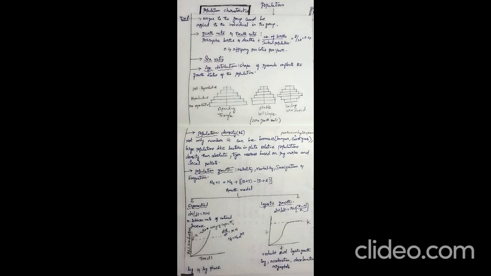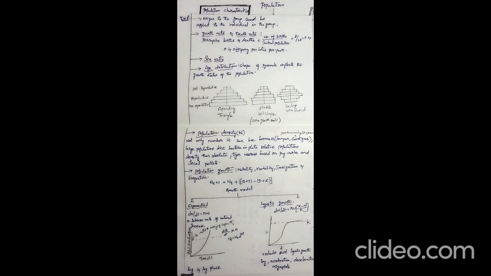One thing to remember: exponential is J-shaped, logistic is sigmoid shaped. And the formula dN by dt equals rN will come, but here you give importance to nature's carrying capacity. K minus N by K will be added to the equation in the logistic growth curve, which gives much importance to nature's carrying capacity.